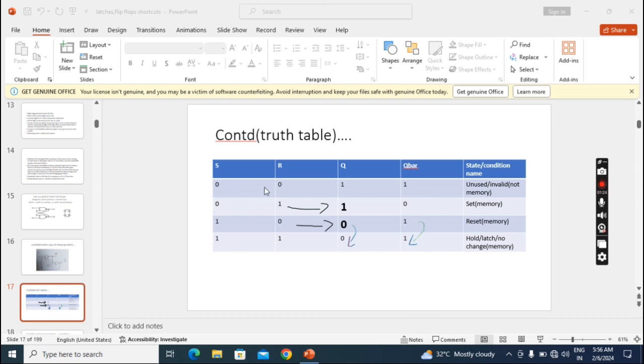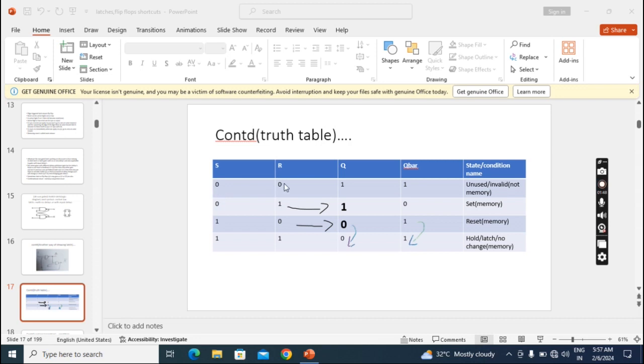But if we apply 0 0 initially, the circuit goes into an invalid, unused state. When we maintain inputs 0 0, however many times you feed back the output, you will get the same output. So to make the circuit useful, or to come out of the invalid state, we have to change any one of the inputs.